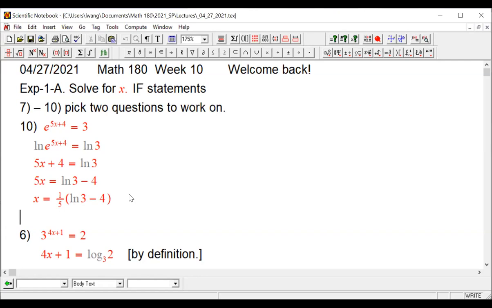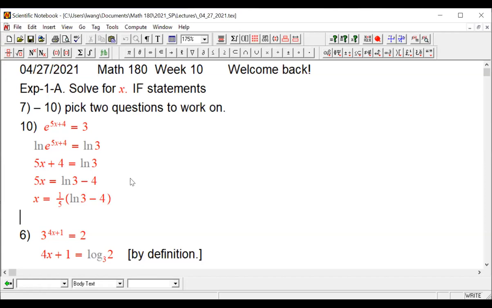In this kind of question, the most natural thing to do is take a natural log on both sides. You'll be doing this in calculus 1, where natural logarithms or exponentials are involved. So we're gradually preparing ourselves for the harder questions coming ahead.